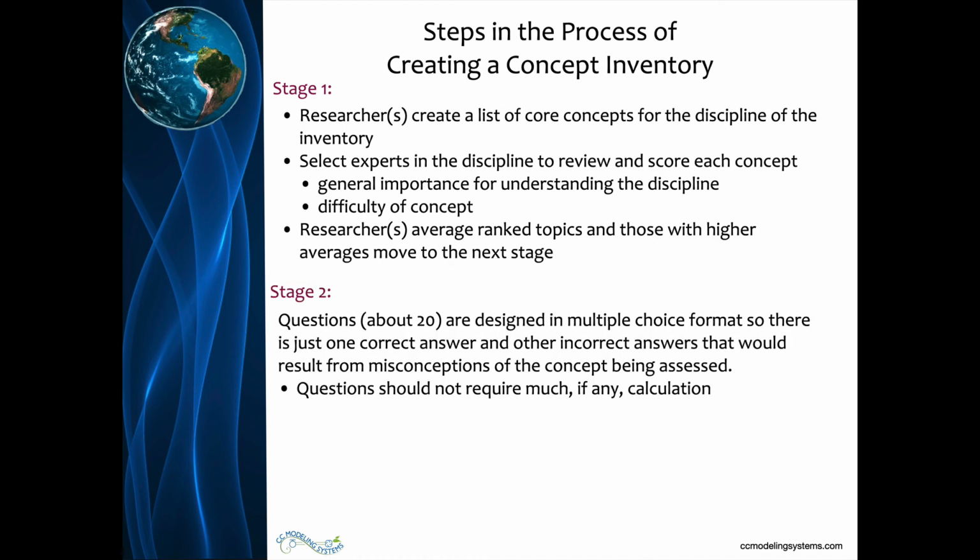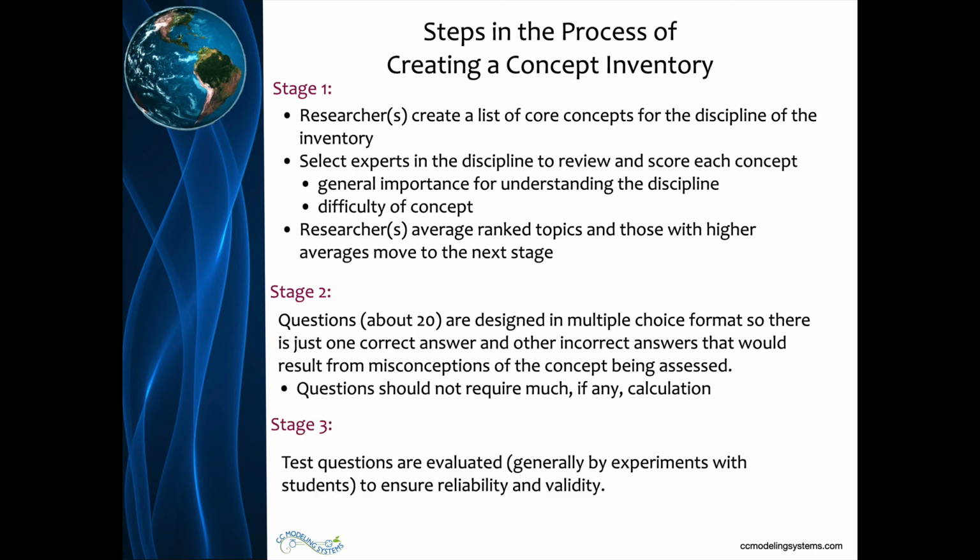In stage 2, 20 multiple choice questions are designed with just one correct answer. Distractors should come from misconceptions about the concept. Questions should not require much or any calculation. The third stage is to test the questions.